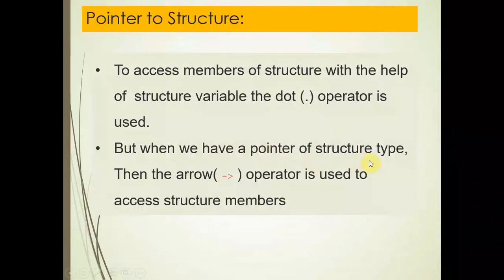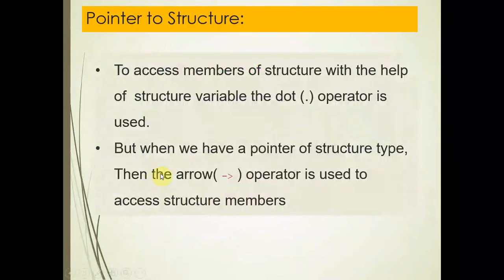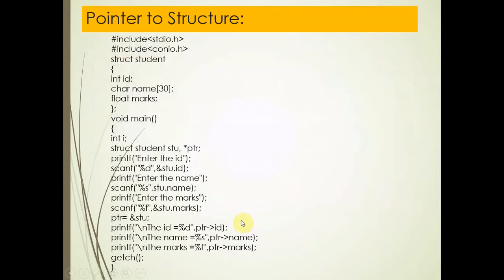But when we have a pointer of structure type, you can see here, a pointer of structure type, then the arrow operator is used to access a structure member. That's why here I have used the arrow operator.